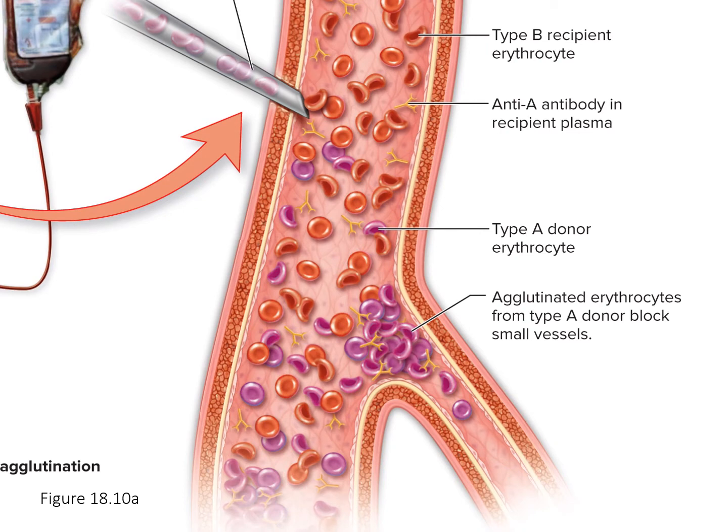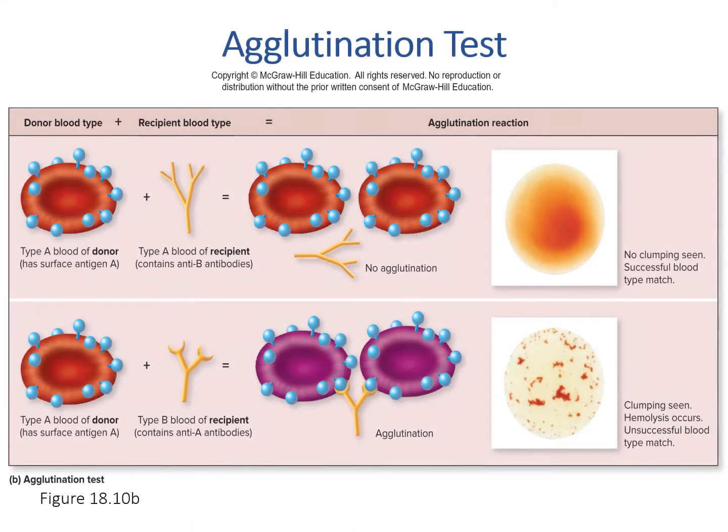Besides the Rh issue, if you get the wrong blood type, you could basically form these little clumps, and that could diminish blood flow to the smaller blood vessels. If this is the donor blood type and this is the recipient blood type, what they can do is take a little bit of the donor blood and mix it with your blood.